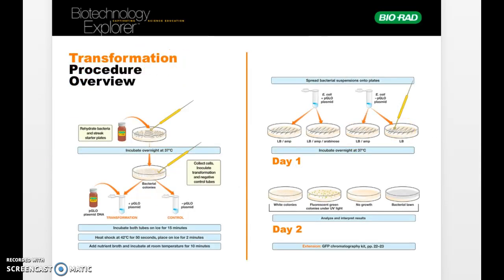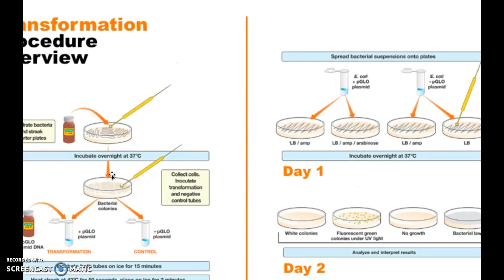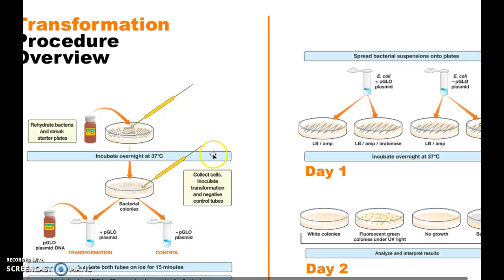In this lab, I'm going to walk you through our procedure first. What I already did for you is I incubated the E. coli bacteria for you at 37 degrees Celsius. So we're going to see colonies of bacteria. If you can remember, when you see one colony of bacteria, that one colony came from one bacterium.